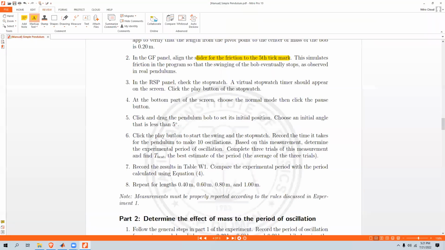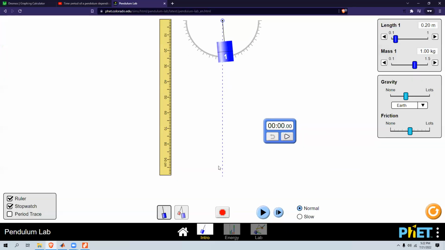Next, click the play button to start the swing and the stopwatch. Record the time it takes for the pendulum to make 10 oscillations, and based on this measurement, determine the experimental period of oscillation. So for this case, I'll have to click play. My pendulum is already displaced, so I click play here.